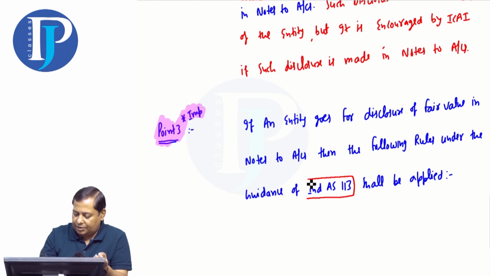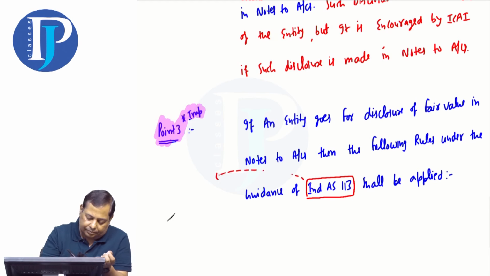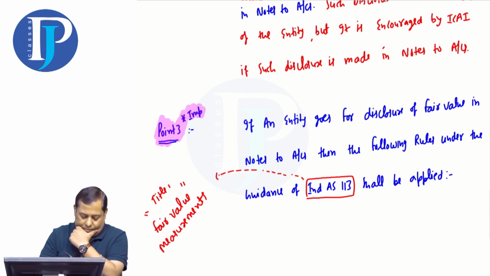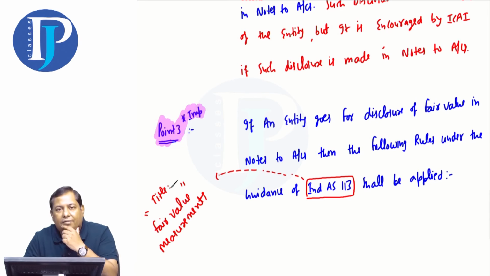This Ind AS 113 is about what? Fair value measurements. This is its title. Title of Ind AS 113 is Fair Value Measurement.